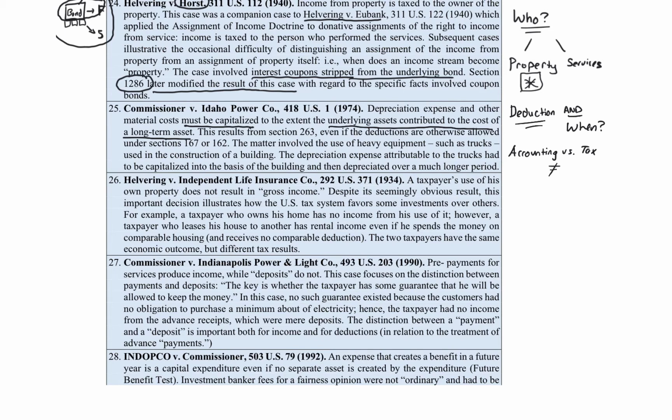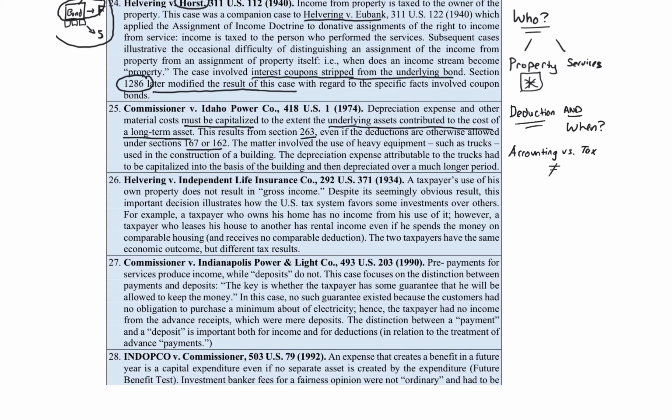So this results from section 263, which is where you capitalize, and you depreciate under section 167 depreciation, 162 for the expenses taken over time. And we'll look more at that case in a later discussion. Indianapolis Power and Light. This is one, okay. Sorry, I skipped one.